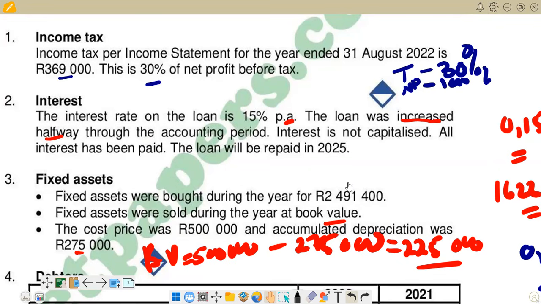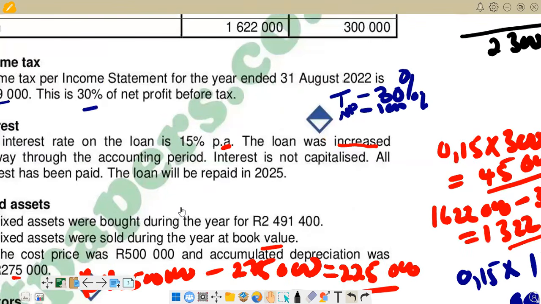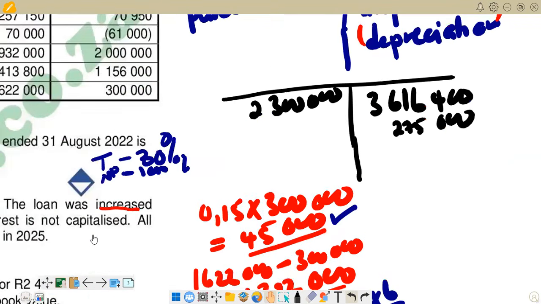So we're going to put it on the debit, 2,491,400. And depreciation is on the credit side, this figure X that we don't have.